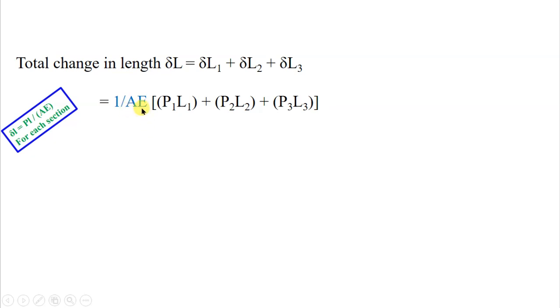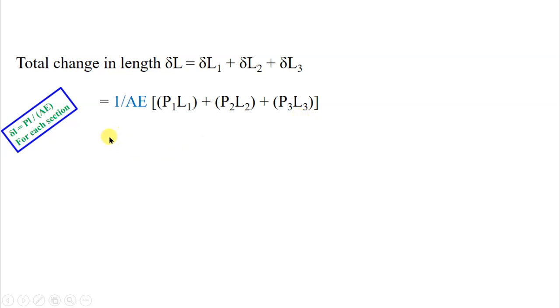So from the formula delta L is equal to PL by AE, we are taking that AE outside. So 1 by AE will be common for this problem. We are having different values of loads and different values of lengths. So inside this formula, that is PL will be remaining. P1 L1 plus P2 L2 plus P3 L3.